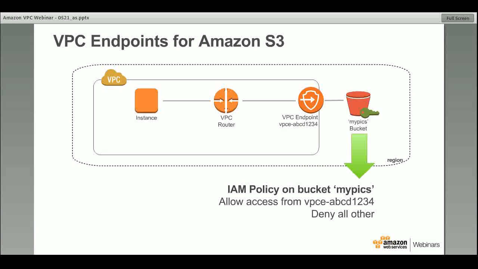Now, with VPC endpoints for S3, we've also added additional subjects that can be specified in the IAM policy for S3 buckets as well. So in addition to being able to specify an IAM policy on the endpoint itself, you're also now able to add capabilities into the bucket policy that will limit access based on whether it's coming from a VPC endpoint or not.